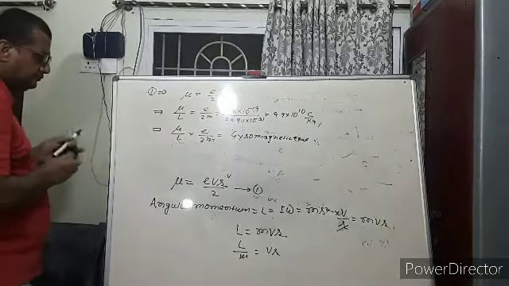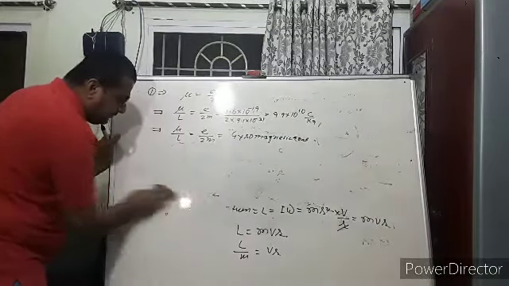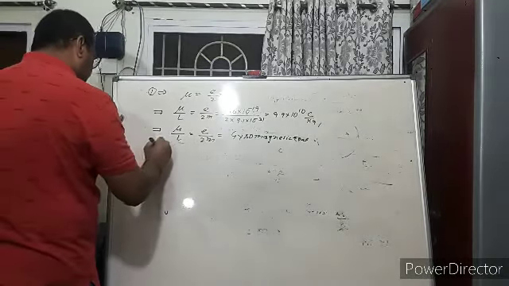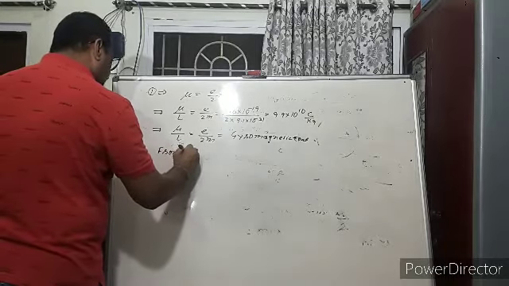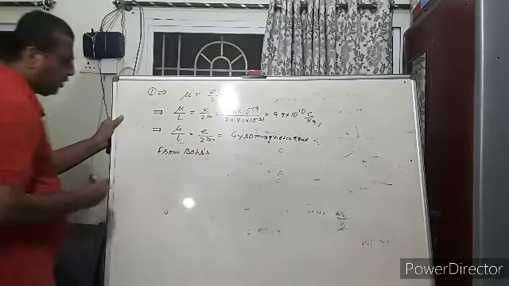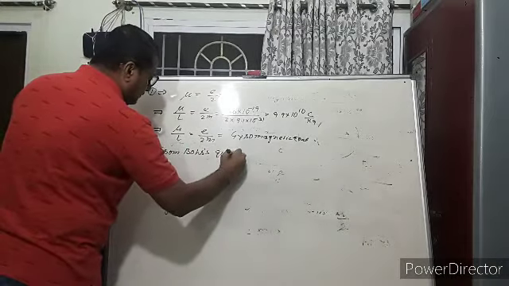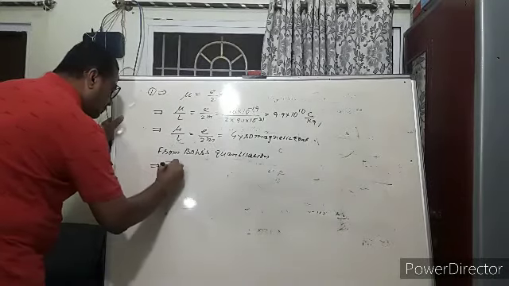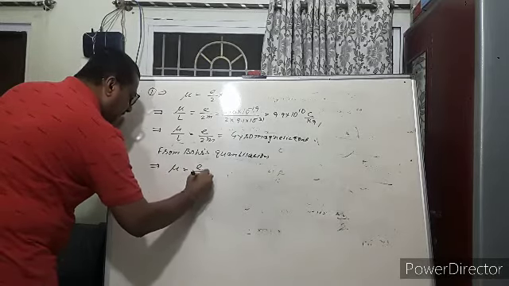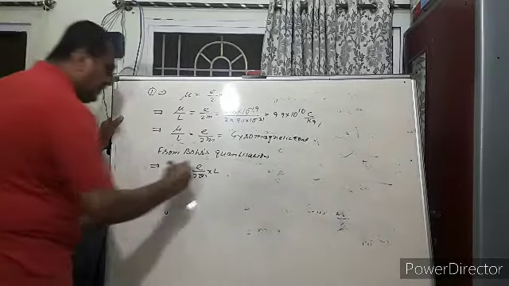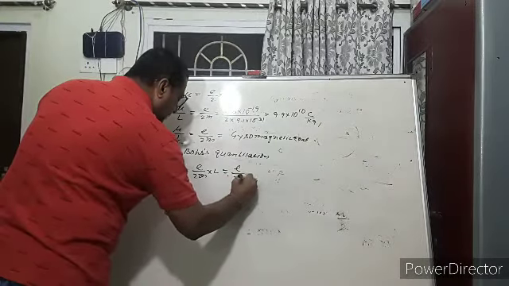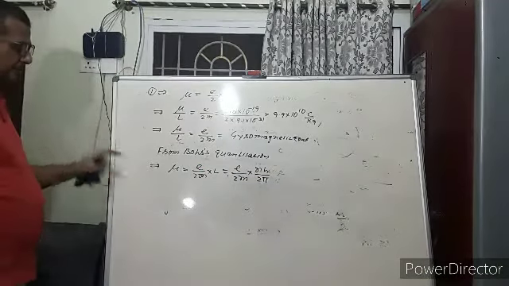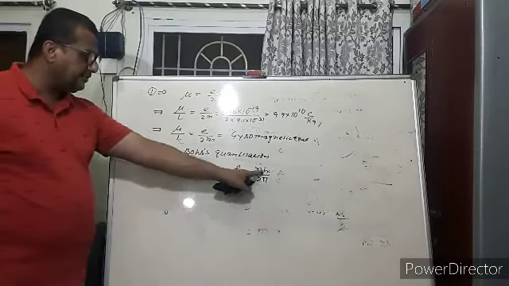Now, from Bohr's quantization, we can write mu equal to e by 2m into L. In place of L, the angular momentum, we can write nh by 2 pi.